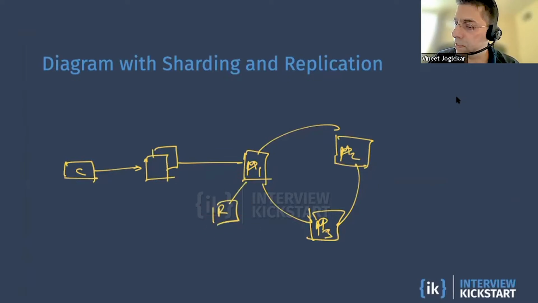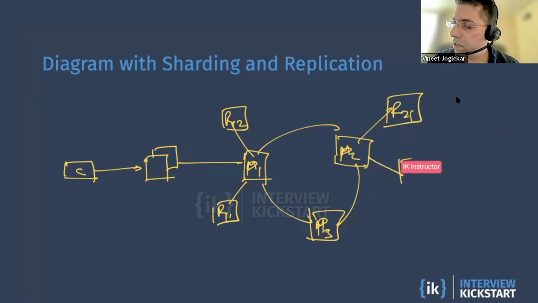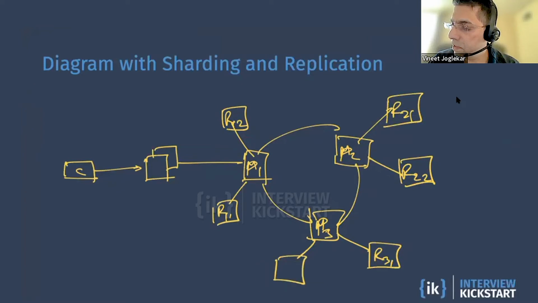So this is R11, R12. This can have R21, R22. Same thing here, R31, R32. These are our primary nodes, and these are our replicas.